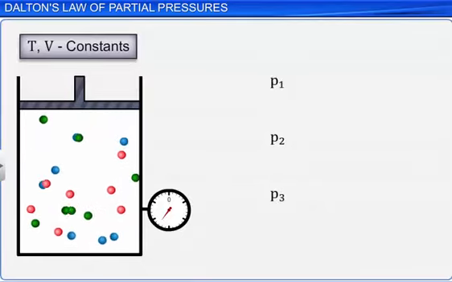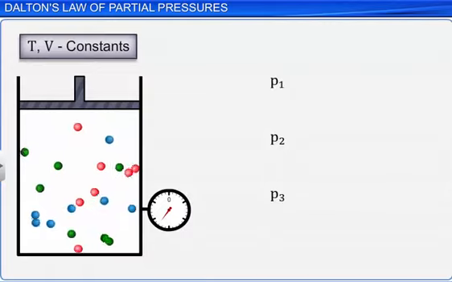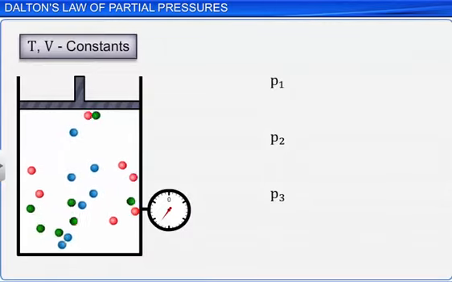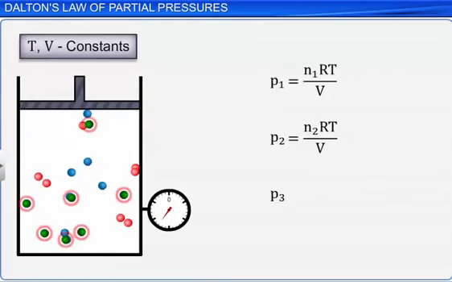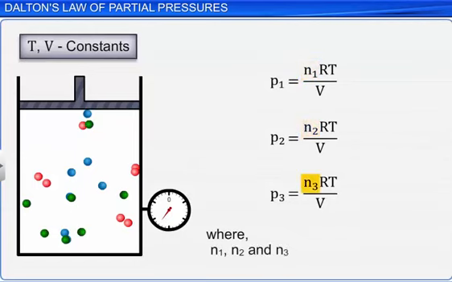Now, by applying the ideal gas equation, the partial pressure of gas 1, that is P1, is equal to N1 RT divided by V. Partial pressure of gas 2, that is P2, is equal to N2 RT divided by V. And partial pressure of gas 3, that is P3, is equal to N3 RT divided by V, where N1, N2, and N3 are the number of moles of the three gases.